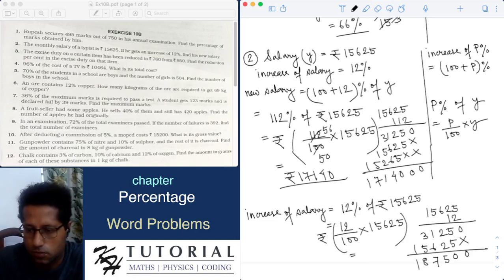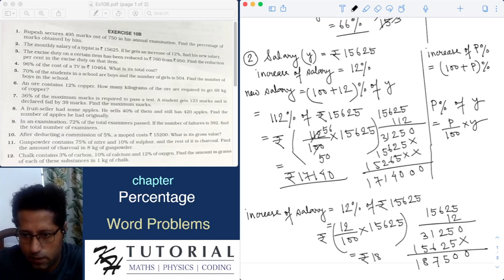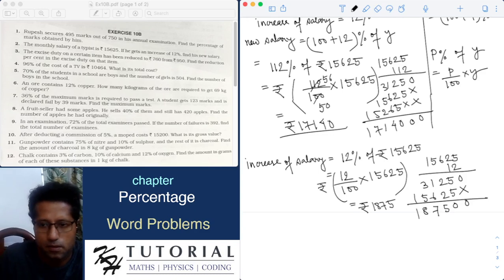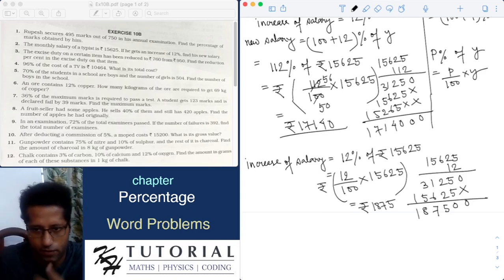So this is rupees 1875. The increase of salary is this. This is only how much the salary got increased.